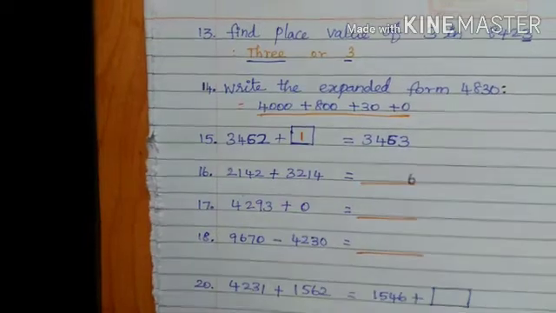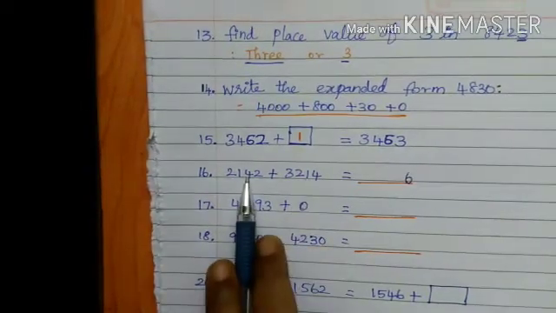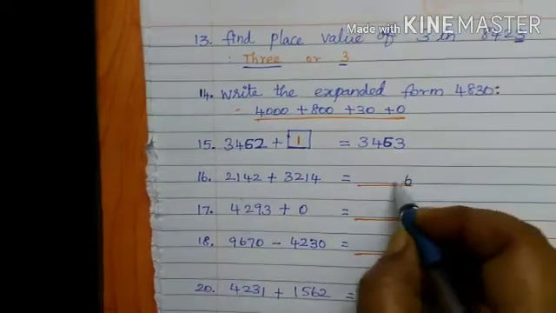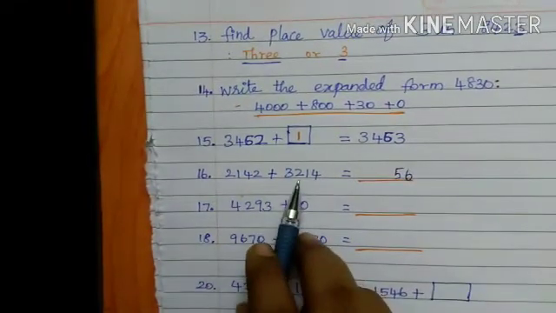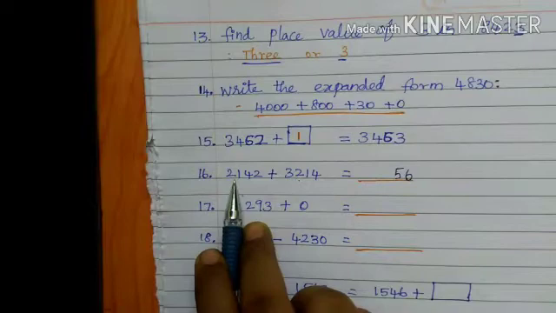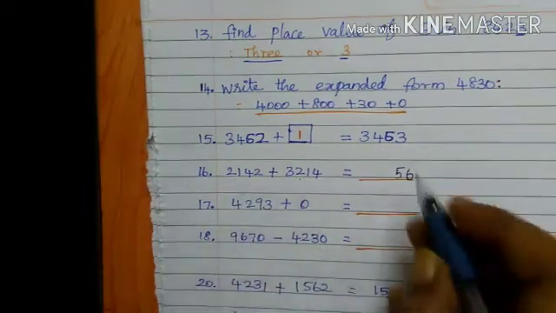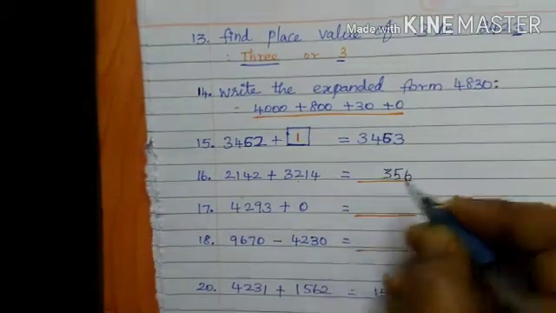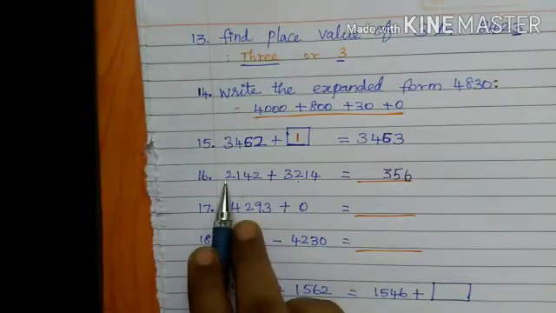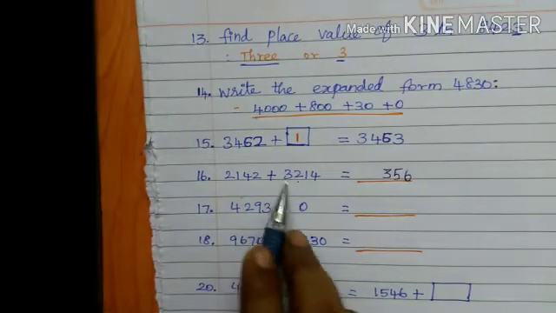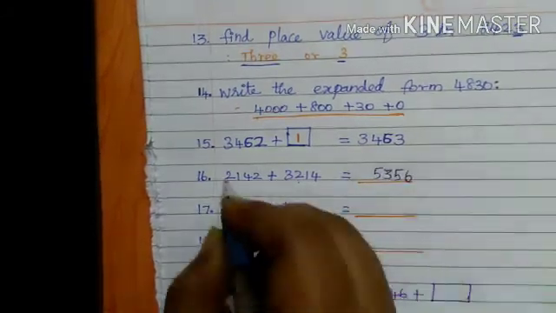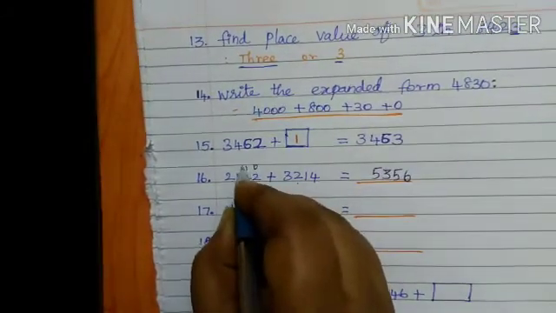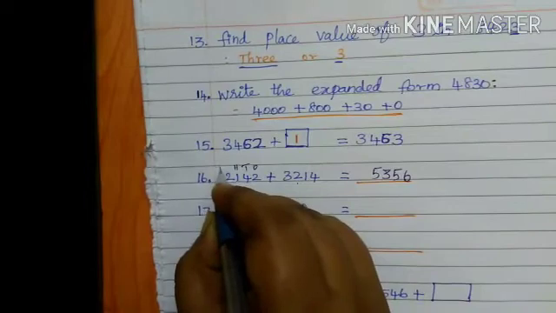Then next one, 1, 4. 4 plus 1, 5. Then next one, 2, 1. So 2 plus 1, 3. The next one, 2, 3. 3 plus 2, 5. So you should do ones, tens, hundreds, thousands.